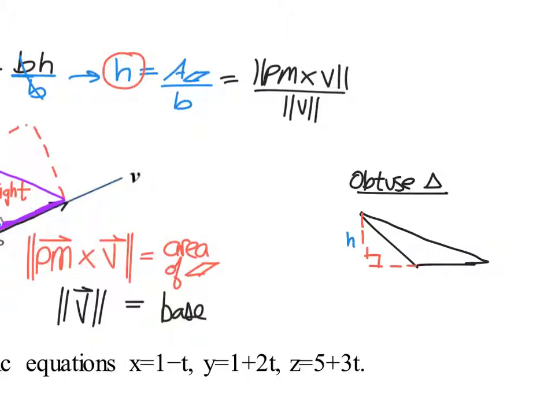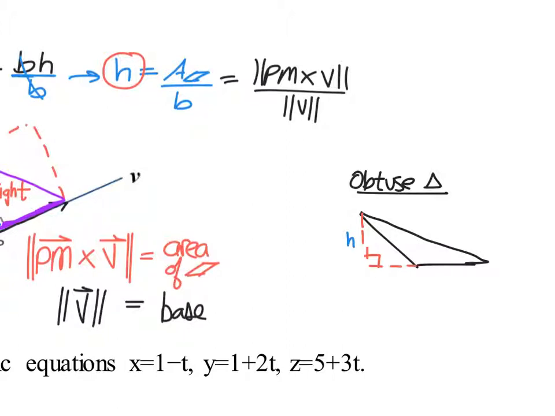So now consider the situation. Let's say a question asked me to find the height of an obtuse triangle, and I was given vectors. Well, the same operations would carry over, because that obtuse triangle, any triangle, is half of a parallelogram.